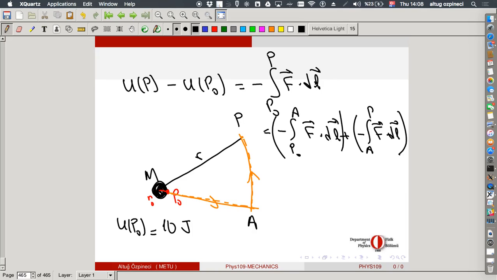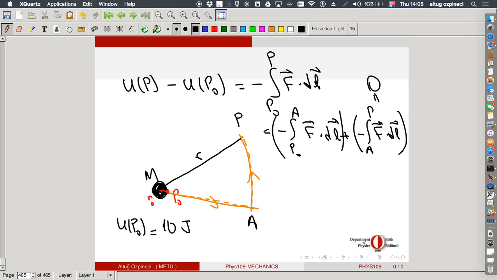Now what is the result of this integral? I'm going from A to P in very small steps. In each step I'm moving along this circle whose center is at the center of the mass M. So dl is on the tangent line, whereas F is in the radial direction.